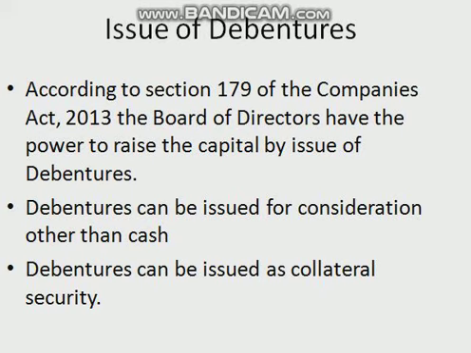Entries will be bank account debited to loan from UTI. Loan amount was 50 lakh. So in the debit and credit columns we will write 50 lakh and 50 lakh. And as a journal entry is passed for debenture suspense account, debenture suspense account debited 60 lakh to debentures account 60 lakh.